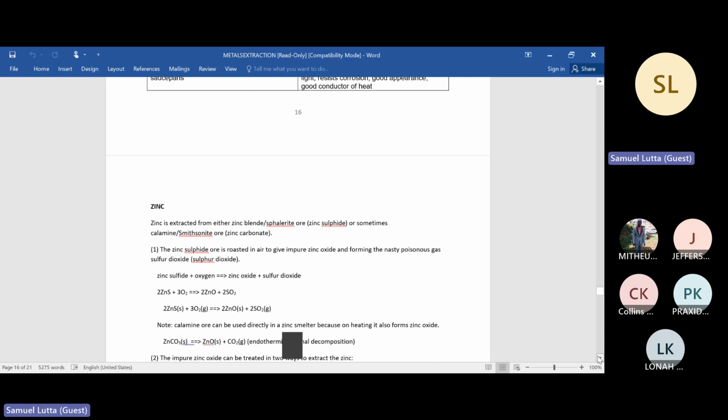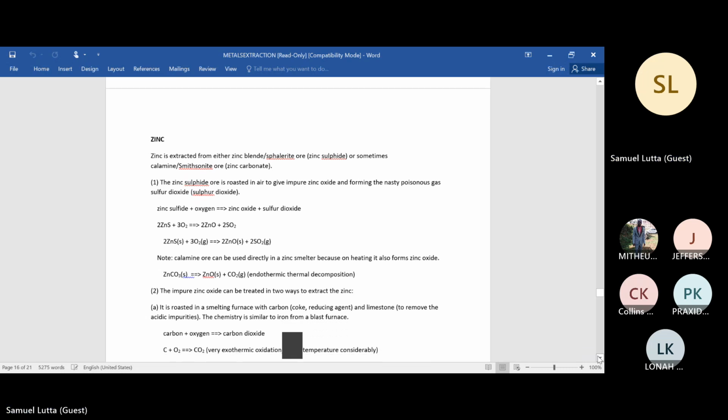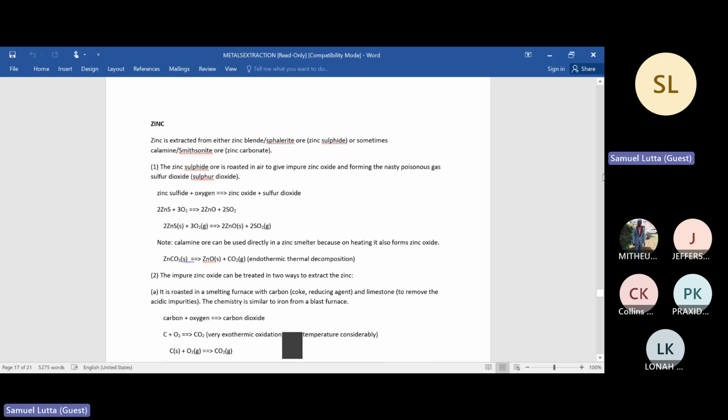And then now the other metal that we can talk about is zinc. Now for zinc, we know it is an important metal. It is normally extracted from zinc sulfide, what we refer to as zinc blende.